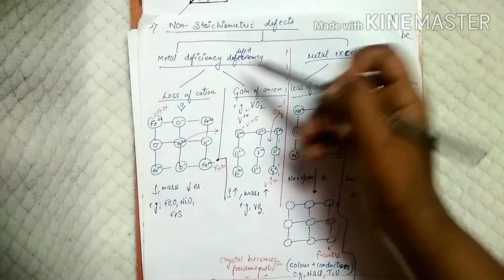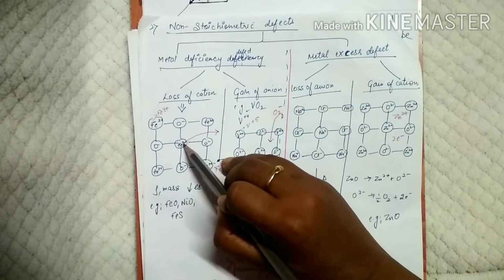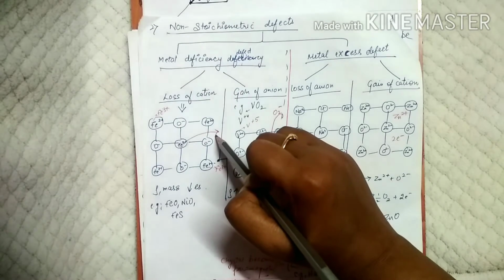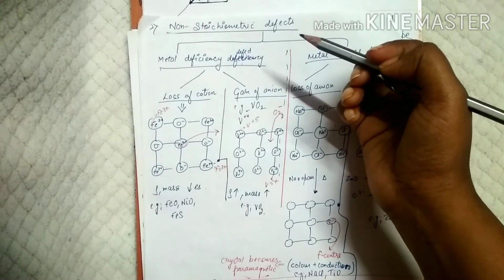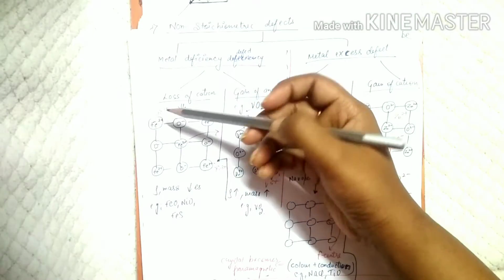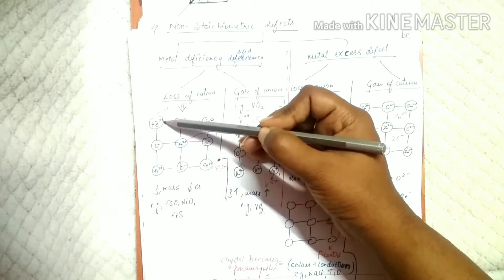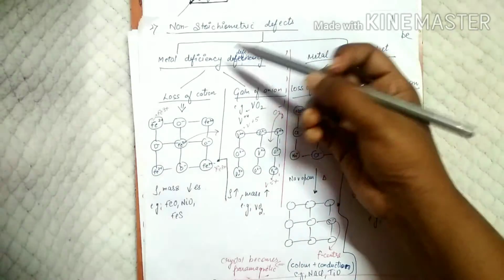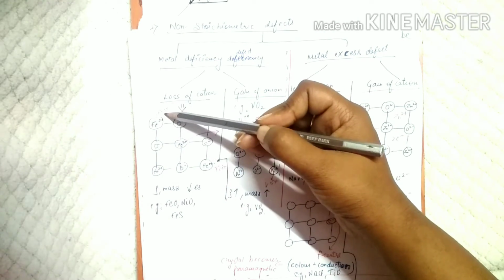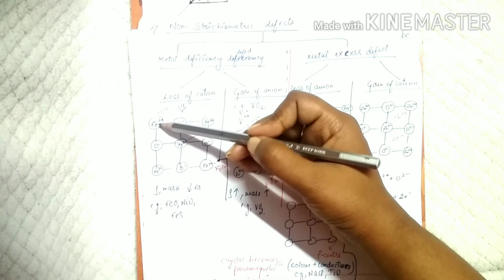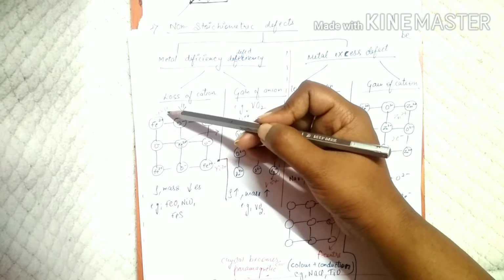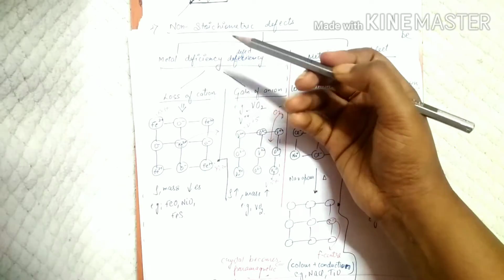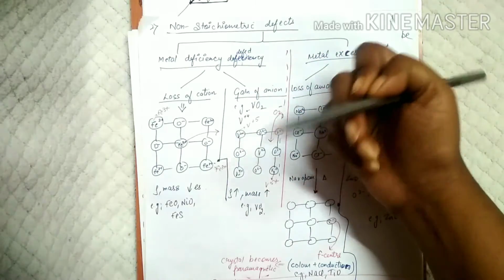What happens? Suppose this cation is escaping out of this lattice. In order to maintain the electrical neutrality, some of the cations present in the crystal increase their oxidation number. So Fe2+ increases its oxidation state from +2 to Fe3+, just to maintain the electrical neutrality.